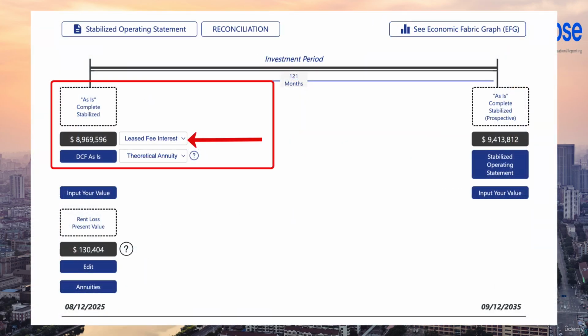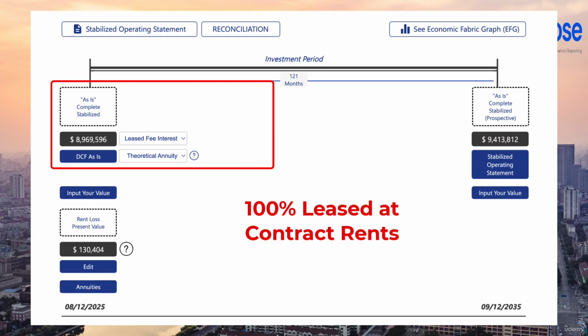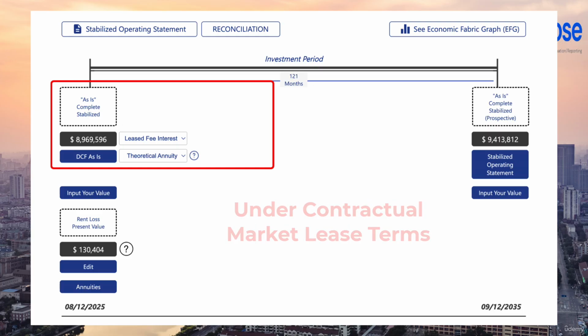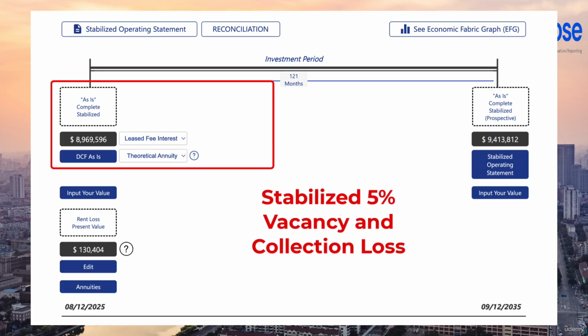The leased fee theoretical mode reflects what the property is contractually obligated to earn based on leases that were negotiated months or even years ago. The leased fee theoretical mode also assumes the property is 100% leased at contract rents under contractual market lease terms and also with a stabilized 5% vacancy and collection loss applied throughout the holding period.